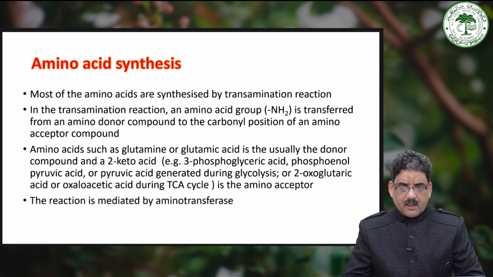Commonly, amino acids like glutamine or glutamic acid serve as the donor compound, while a 2-keto acid such as 3-phosphoglyceric acid, phosphoenol pyruvic acid, or pyruvic acid that is generated during glycolysis, or oxaloacetic acid during the TCA cycle, acts as the amino acceptor.